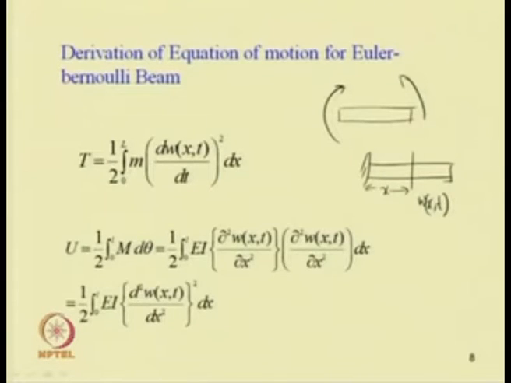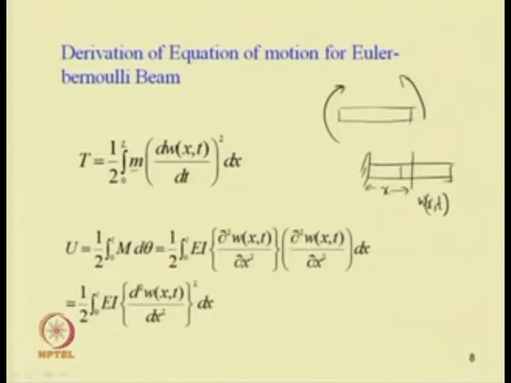So, one can find the equation of motion by using the extended Hamilton principle, or by using the simple Hamilton principle in case there is no non-conservative force acting on the system. Here the kinetic energy can be written as half, let m be the mass per unit length, then m into dx is the mass of the small element into velocity square.